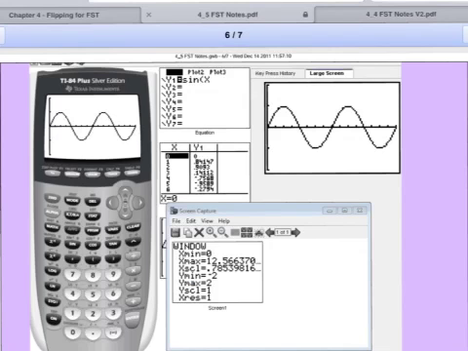This slide just shows you a few snapshots of graphing the sine of x. What you want to do is go into the y equals mode and type in the sine of x. When you graph it, you're going to have the typical window, which is -10 to +10. But check the mode that you're in.